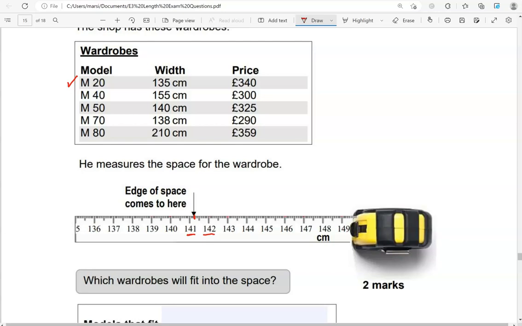M50 is 140, which is below 141, so that will fit as well. M70 is 138 centimeters, so that will fit as well. M80 is 210, which is much higher than 141 or 142, so that will not fit.